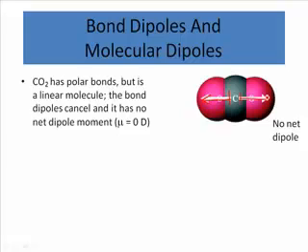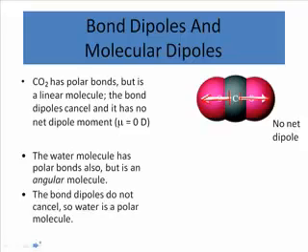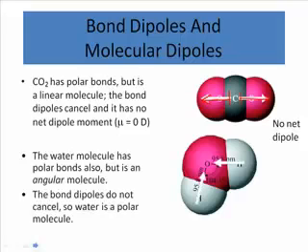And if you've had physics and looked at vector addition, you can see that these are equal in magnitude, because the difference in electronegativity affects the magnitude, but opposite in direction, meaning their net is zero, no net dipole.